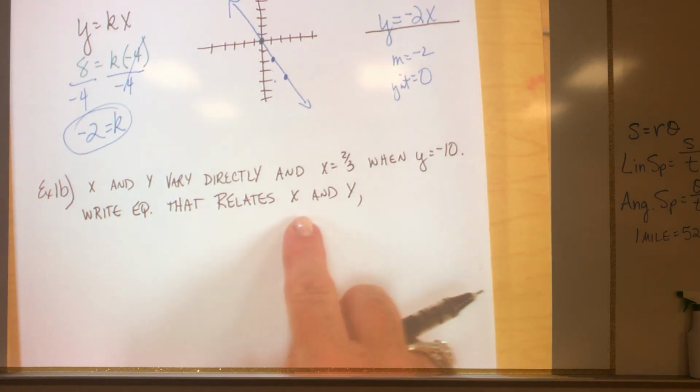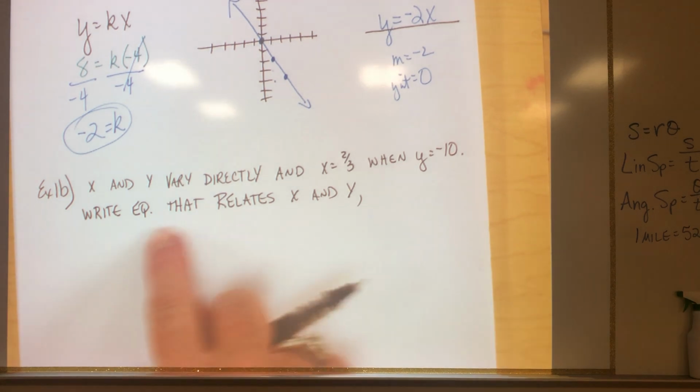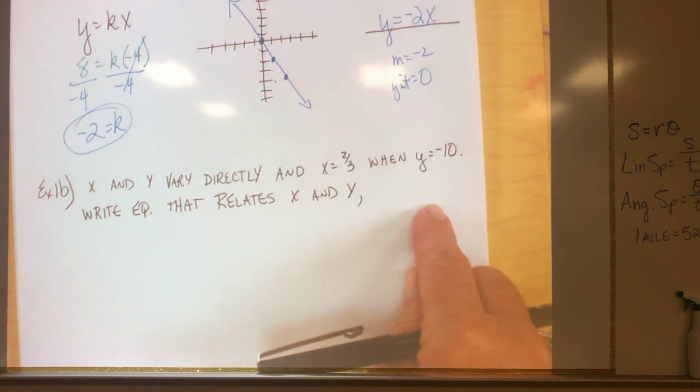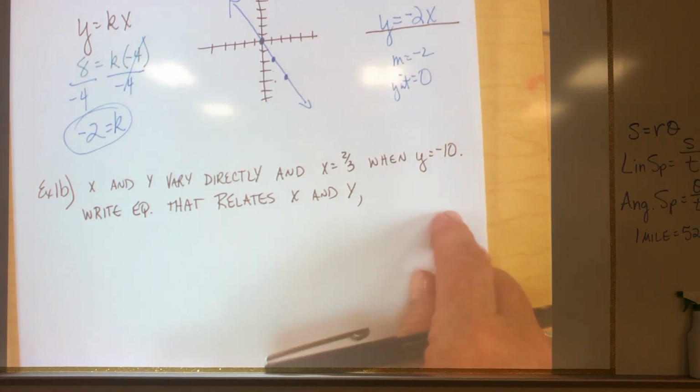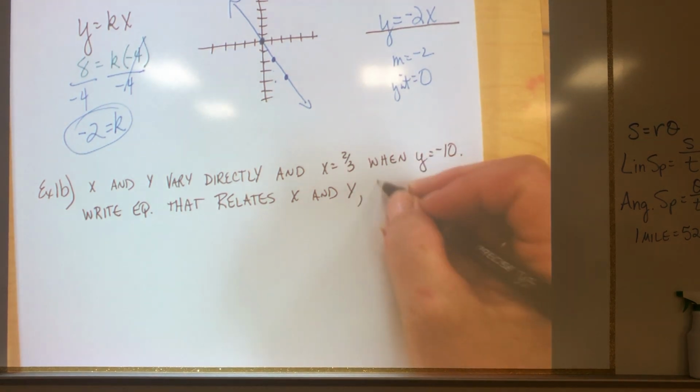If I'm gonna write a paragraph that relates my class to somebody else's class, then what do I have to talk about in there? My class and their class, right? If I'm gonna write an equation that relates an X and a Y, what has to be in your equation? An X and a Y. If there's not an X and a Y in your equation, people, it doesn't relate X and Y.